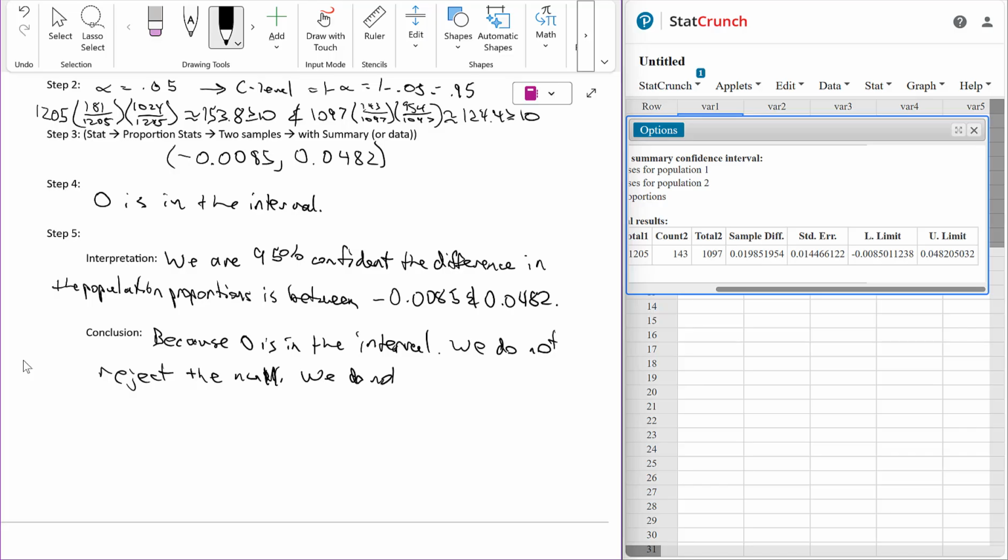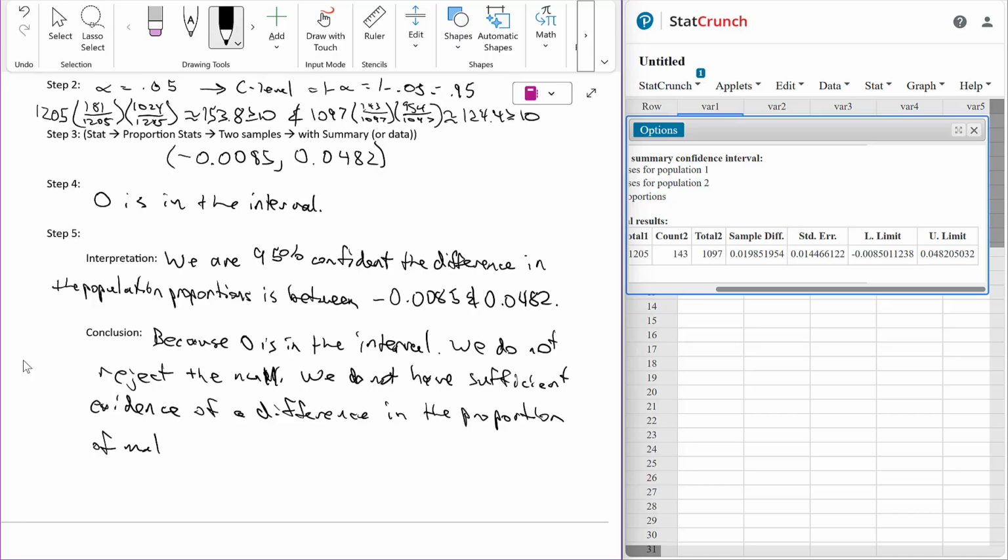We do not have sufficient evidence of a difference in the proportion of males and females with at least one tattoo.